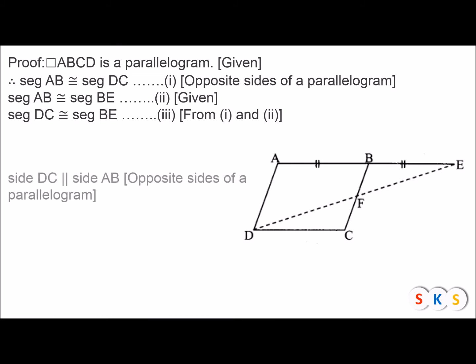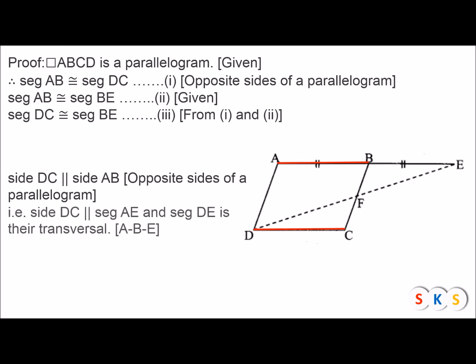Now you can see that side DC and side AB are parallel, right? Why are they parallel? Because they are opposite sides of a parallelogram. If AB is parallel to DC, then DC will also be parallel to AE, right? You can see in this figure DC is parallel to AE and DE is a transversal.